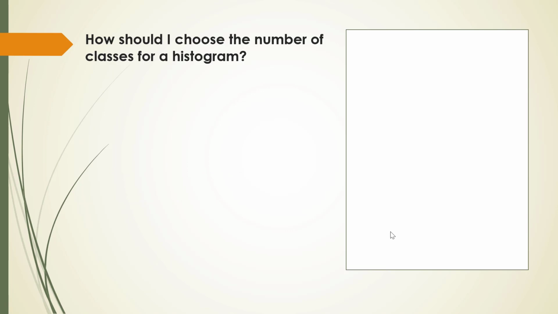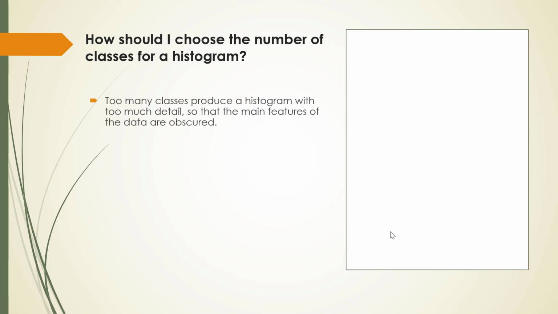However, since we can choose different classes, we are going to end up having different histograms. So how should I choose the number of classes for a histogram? If we have too many classes, it will produce a histogram with too much detail, so that the main features of the data are obscured.